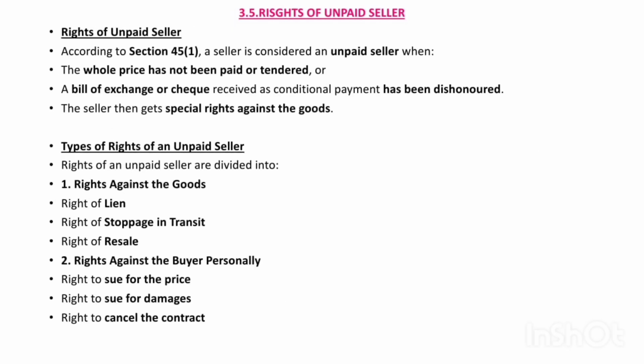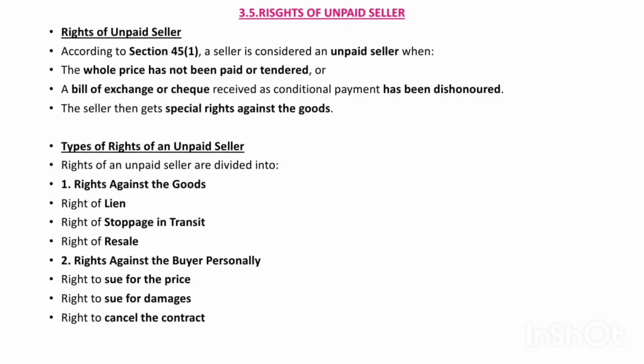Now let's move on to the next subchapter, that is the fifth subchapter, rights of unpaid seller. Who is an unpaid seller? Under section 45 subsection 1, a seller is considered an unpaid seller when the whole price has not been paid or tendered.